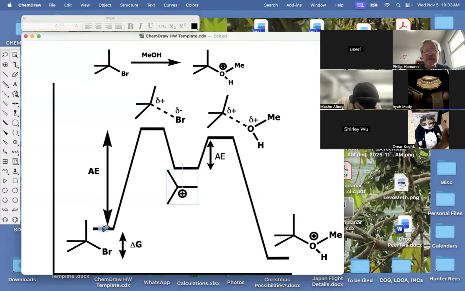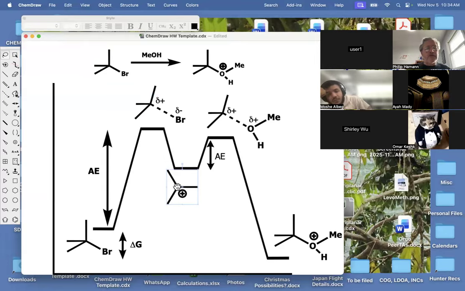So Hammond's postulate focuses on what's the most similar to that transition state, and it would be that intermediate, and would be this transition state. And so the idea here is that the energy of this transition state, because it had a positive charge here, somewhat resembles the positive charge in the carbocation.